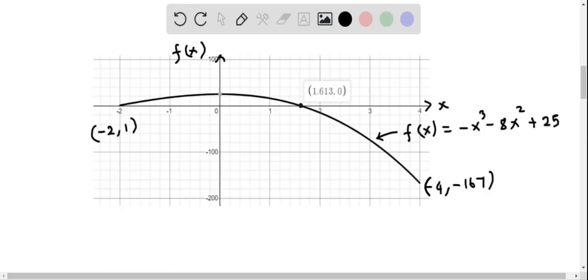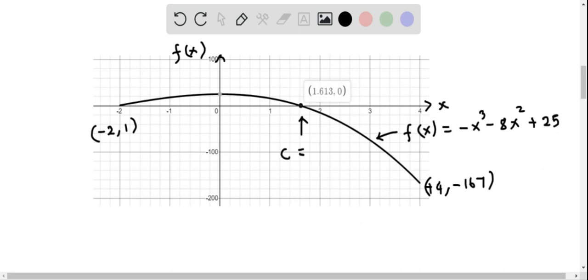Here I have plotted the graph of the function f of x on the Desmos graphing tool, and you could plot this on any graphing tool and you'll be getting a similar graph. So this graph is defined from -2 to +4, and we can see that at -2 it is 1, and at +4 it is -167. So the graph definitely crosses this x-axis, and we can see from this graph it crosses at c.